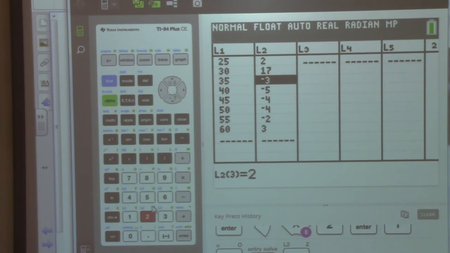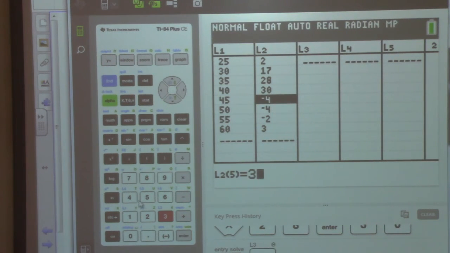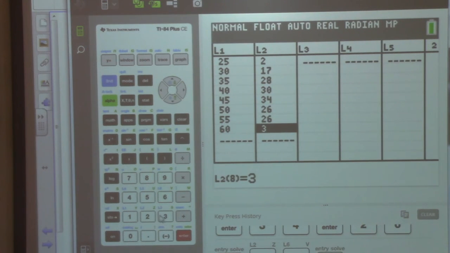And then for this, 1, 2, 17, 20, 30, 34, is it 20, 34? Yeah, 20, right? It's 28. 28 after 17. 28, okay. And then 30, 34, 26, 26, 21, 7.